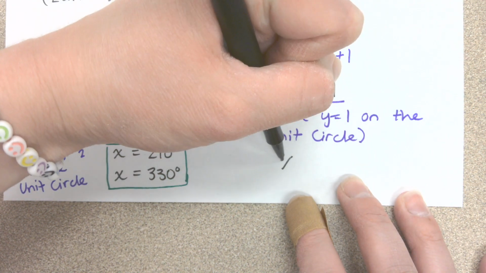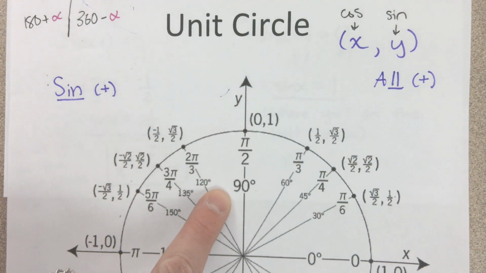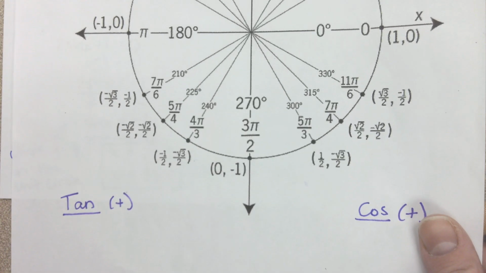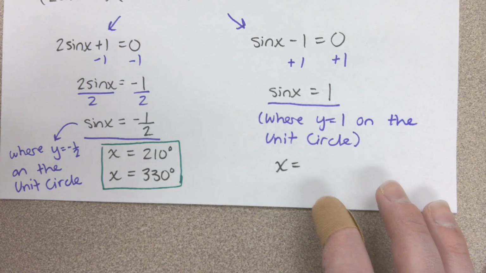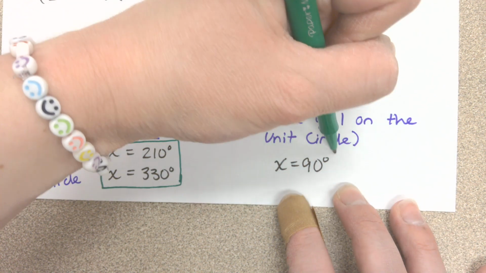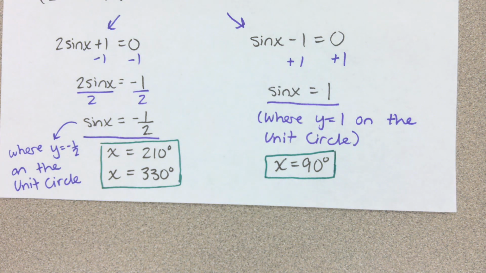And that's because it occurs on one of the axes. Y is 1 at 90 degrees and only at 90 degrees. If you go to its opposite, that's -1, so that's not going to be the same. 90 degrees for when sine is 1. Only 3 answers this time instead of 4.